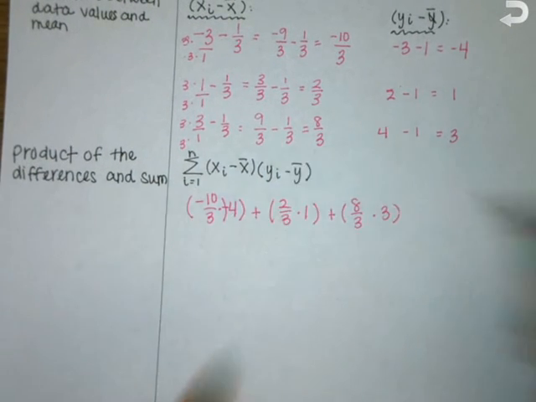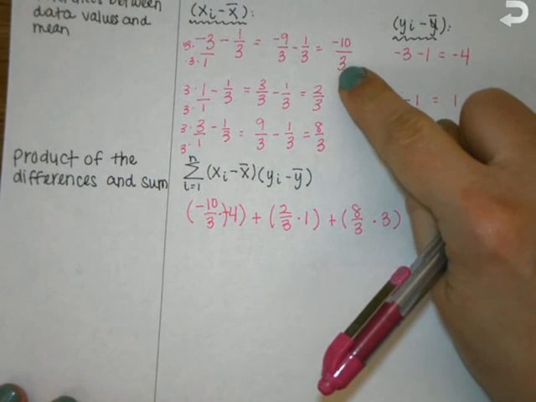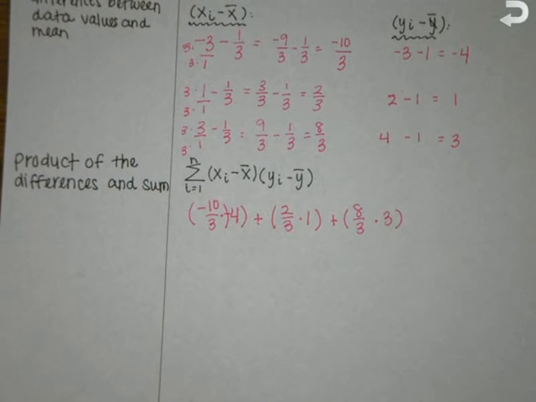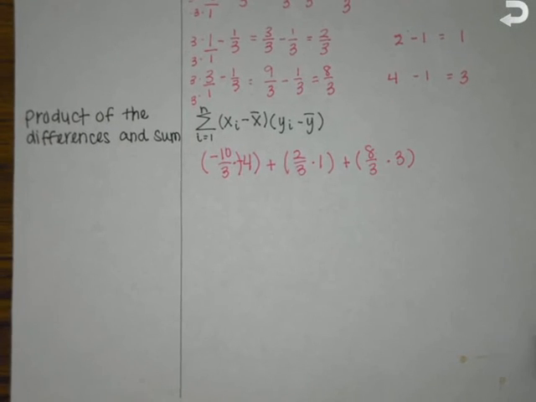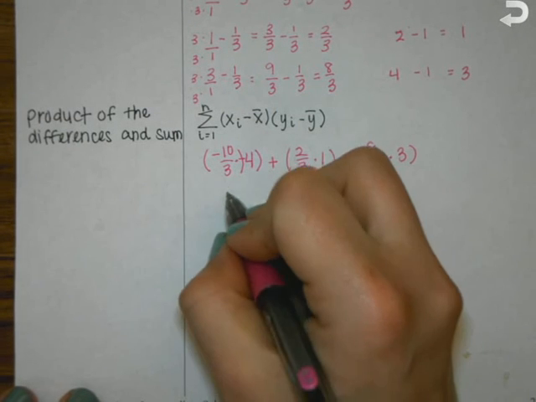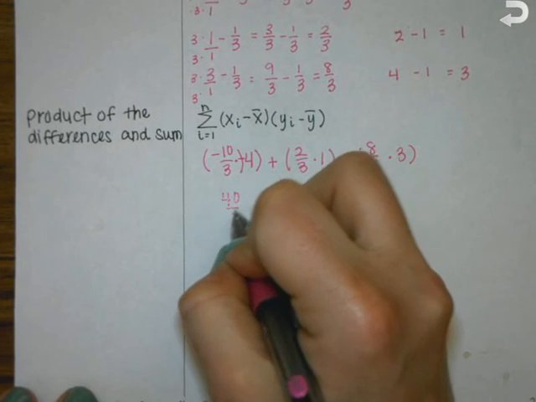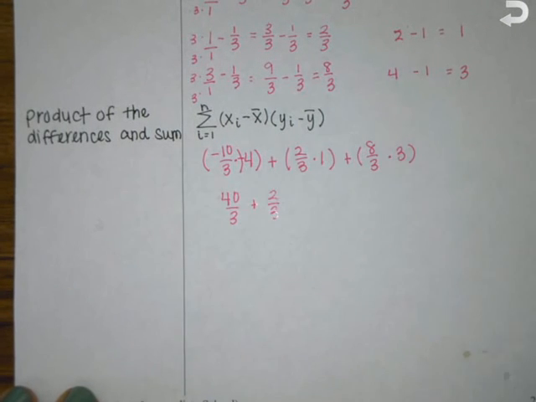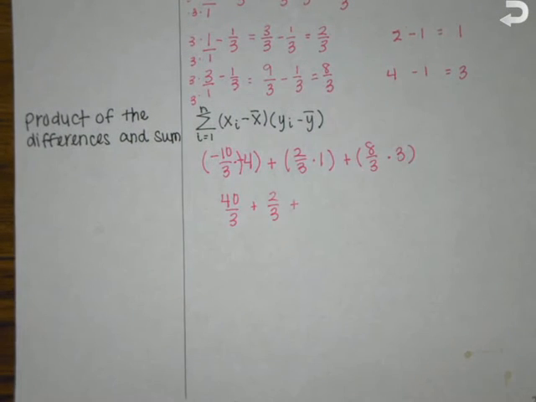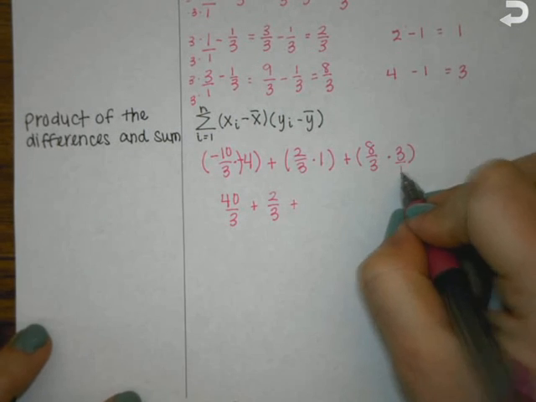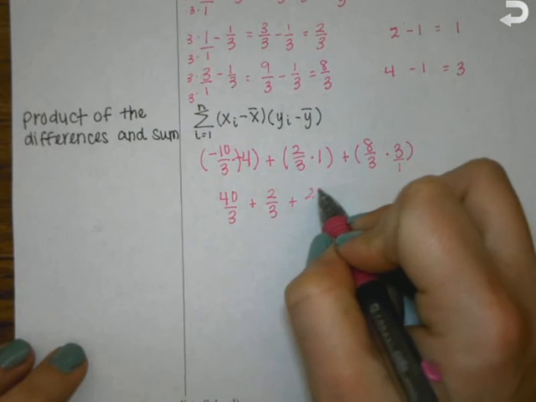So we're going to multiply each x difference by its corresponding y difference and add them together. -10 over 3 times -4 gives me +40 over 3. 2 over 3 times 1 is 2 over 3, so plus 2 over 3. Plus, 8 over 3 times 3, which is the same as 3 over 1, so 24 over 3.